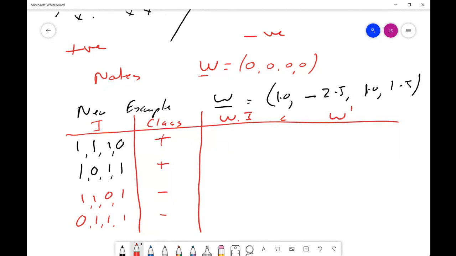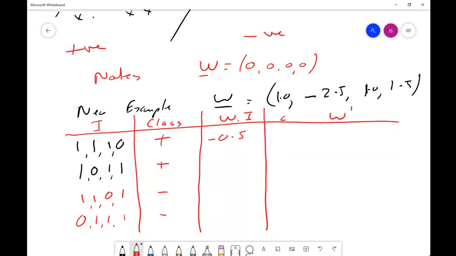The scalar product with the input pattern is going to be 1 times 1 is 1 plus minus 2.5 will give me minus 1.5 plus 1 is going to give minus 0.5. So the scalar product is going to be minus 0.5.